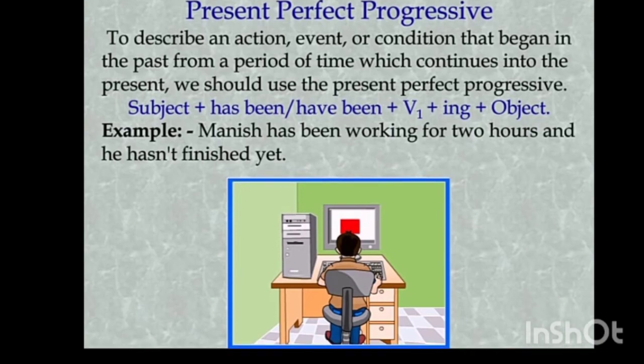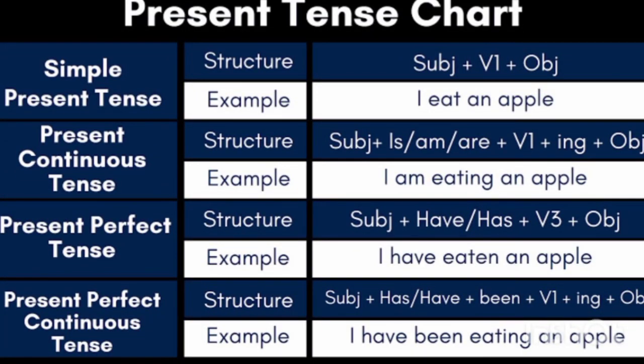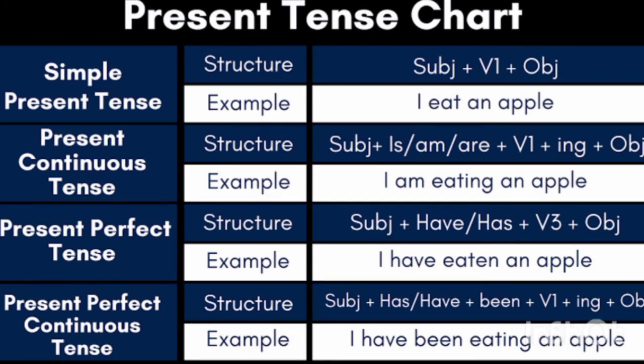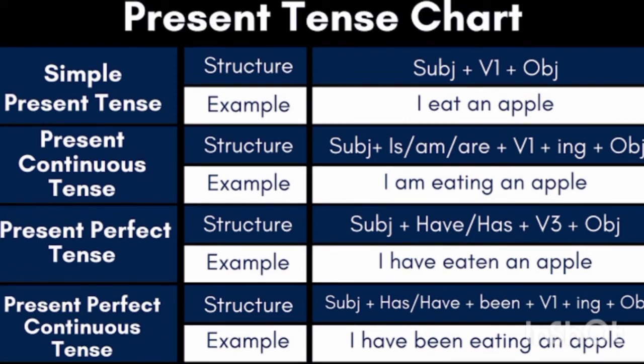Okay, so now let's quickly recap all the types of sentences and their structure. The first one is simple present tense. Structure: subject plus V1 plus object. An example is I eat an apple. Next is present continuous or present progressive.